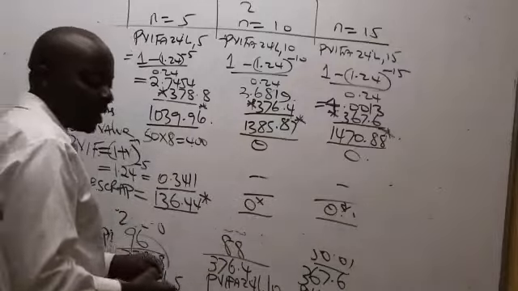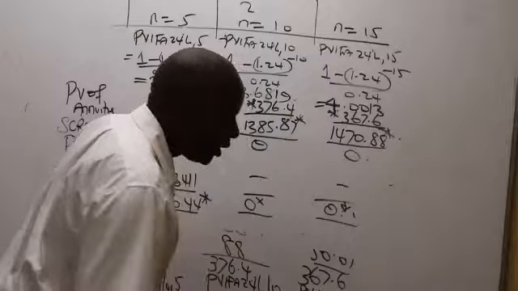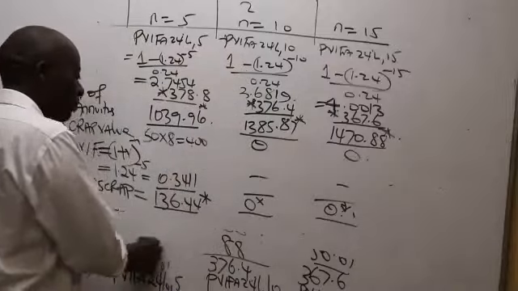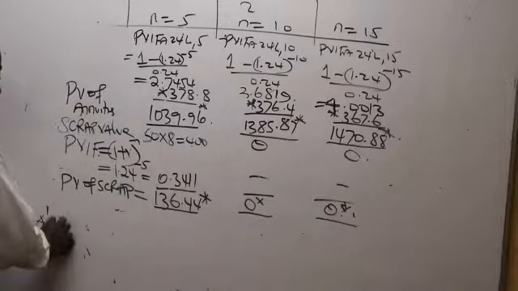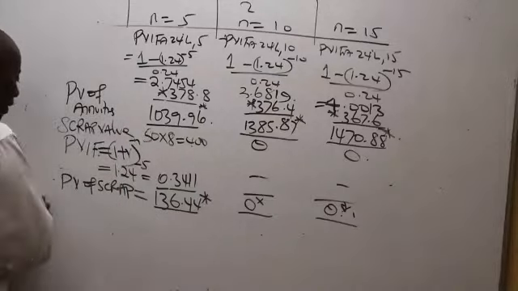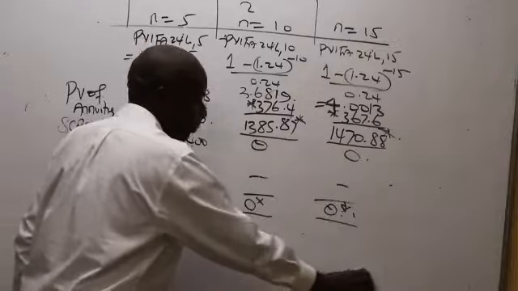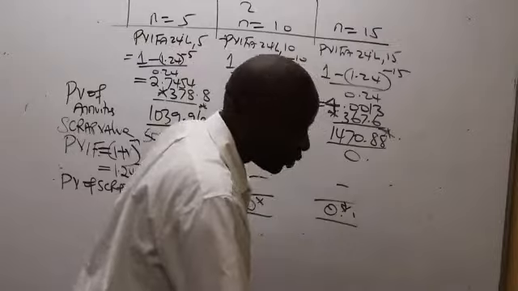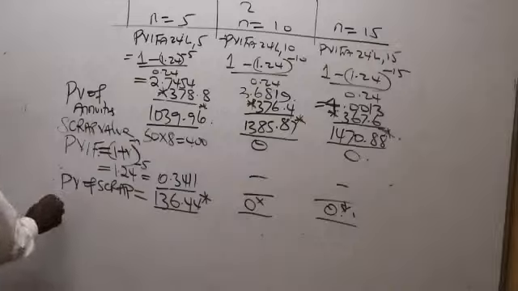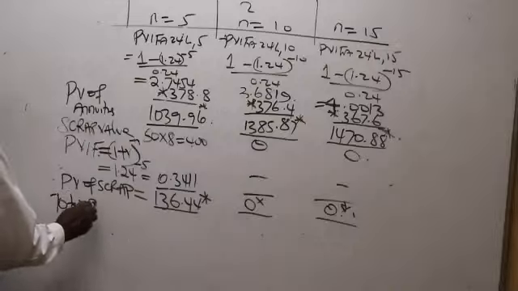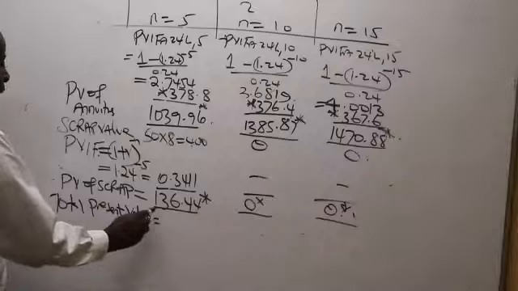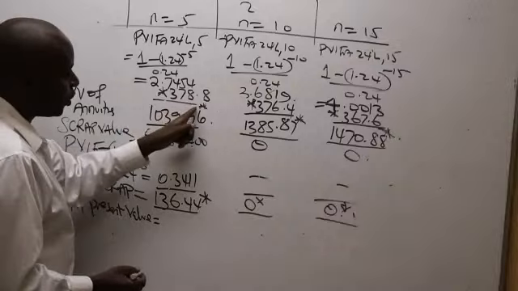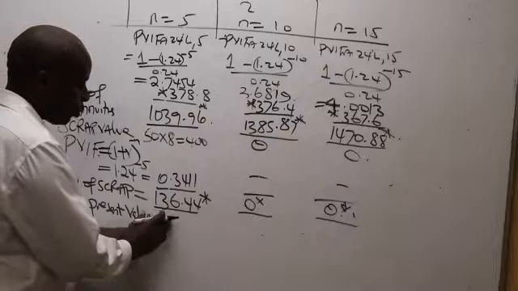Now, the only thing that I need to do is to give my examiner the total present value for both operational cash flows and the present value of the scrap, the terminal cash flow. So give me the total present value.